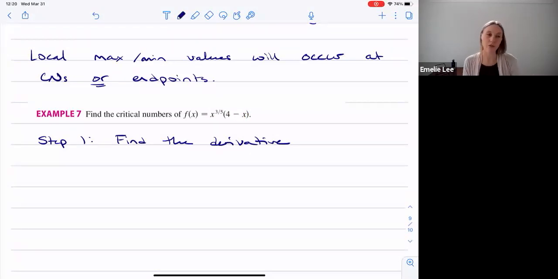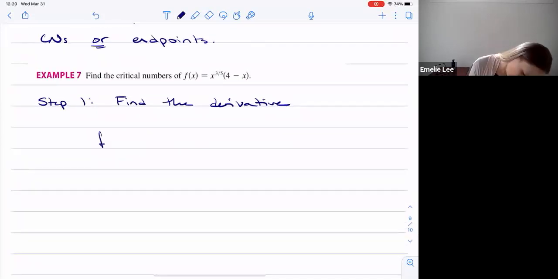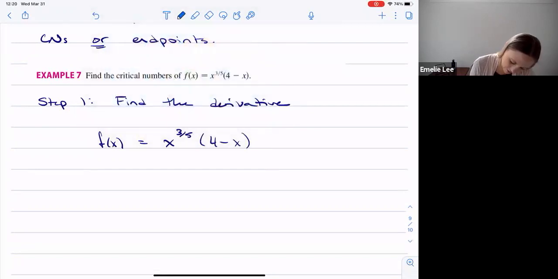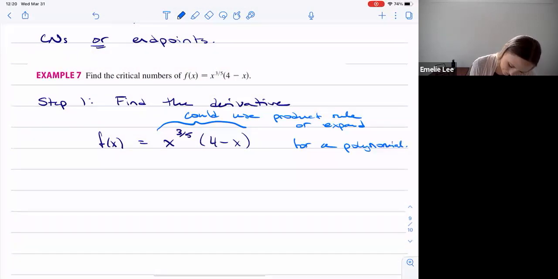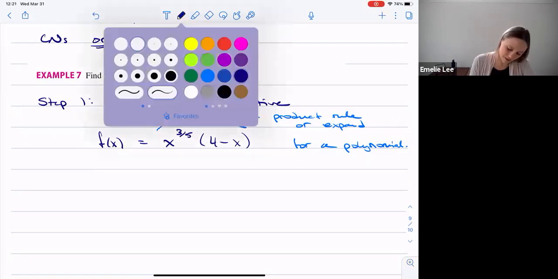If you did go ahead and use the product rule, that's fine too. f of x is x to the 3 over 5 times 4 minus x. You could use the product rule or expand for a polynomial. The amount of work involved is about the same, so it doesn't matter.